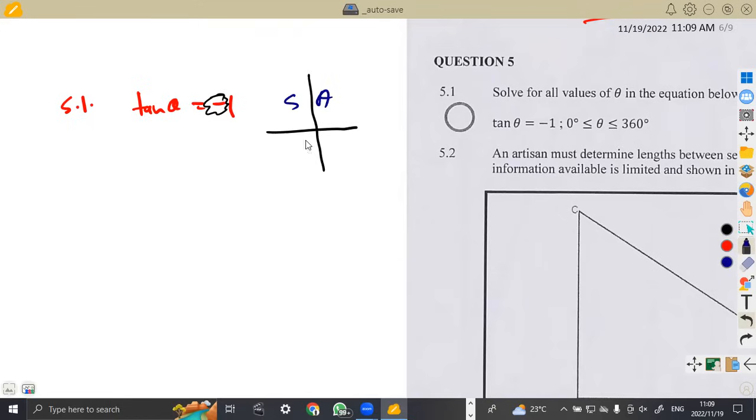From All Students Take Calculus, we understand that tan is positive on all and here on tan. But since our answer is negative, we are going to have our answer here. Tan is negative here, and tan is also negative here. So these were the quadrants that we're going to use. So don't mind this negative.